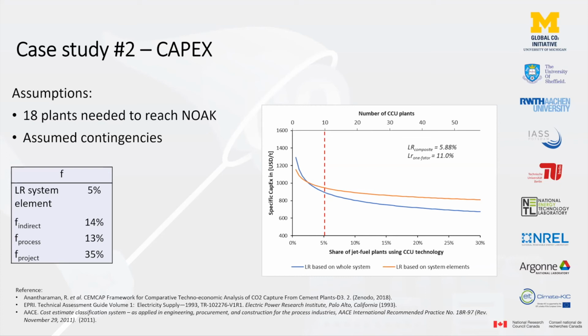Also, as the electrochemical conversion is a very low TRL here, it is very difficult to make assumptions about what would be the learning rate, as there are data limitations. So next slide, please.